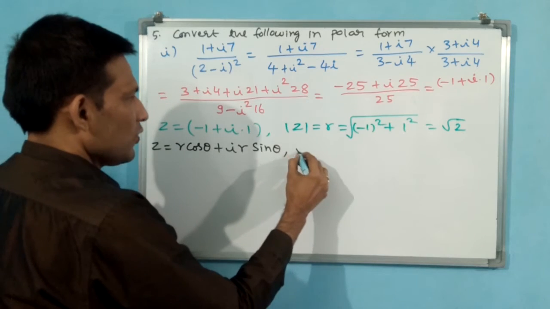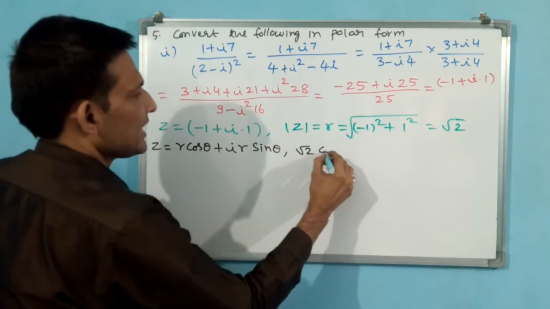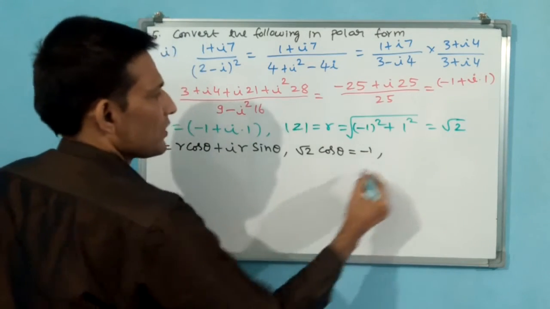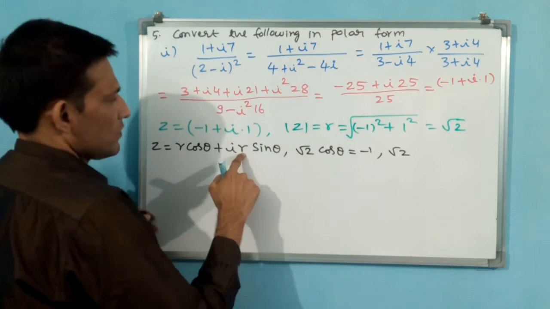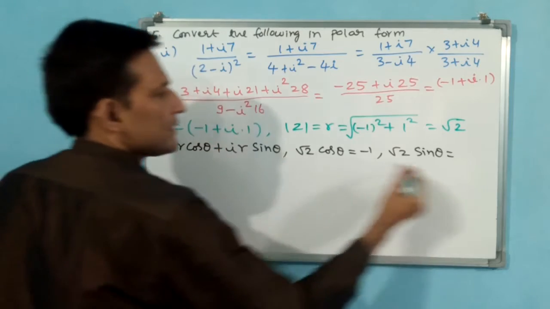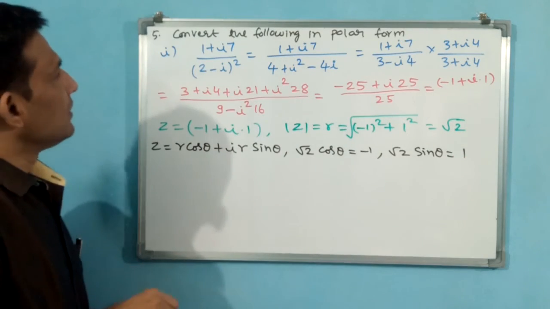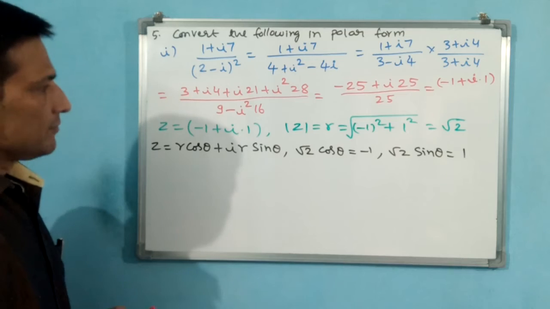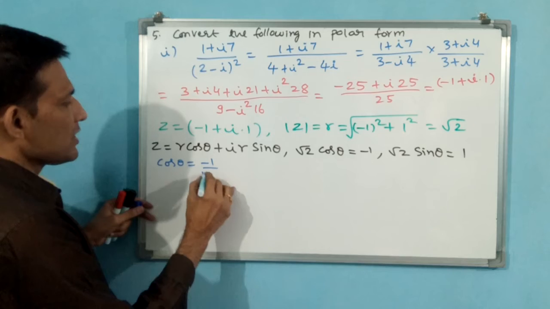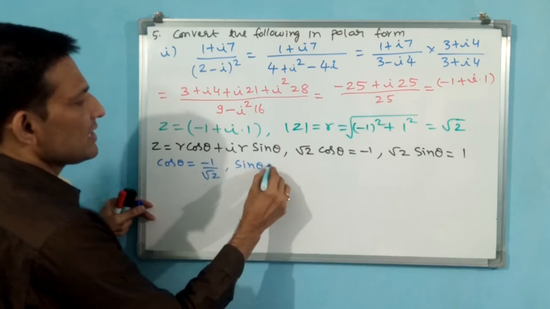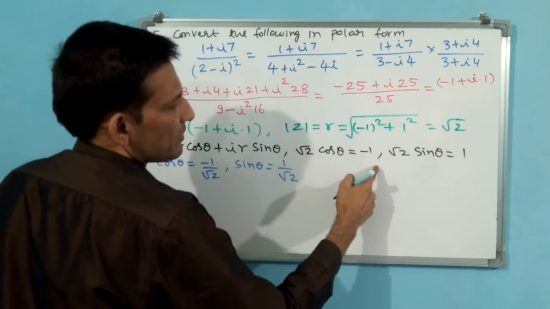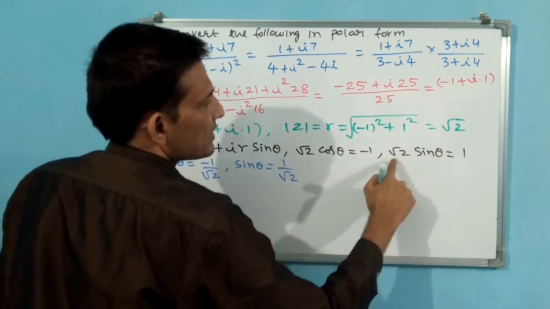You write down again: root 2 cos theta is equal to minus 1, comma, root 2 sin theta is equal to 1. Now write down cos theta. Cos theta is equal to minus 1 by root 2, comma, sin theta is equal to 1 by root 2. Root 2 will go to the denominator.